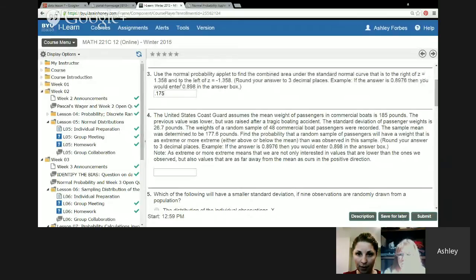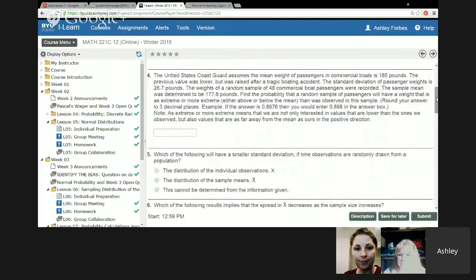Then, oh goodness. Who votes to read number 4? I can read it. The United States Coast Guard assumes the mean weight of passengers in commercial boats is 185 pounds. The previous value was lower, but was raised after a tragic boating accident. The standard deviation of passenger weights is 26.7 pounds.